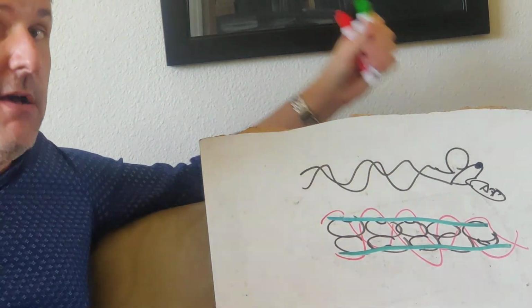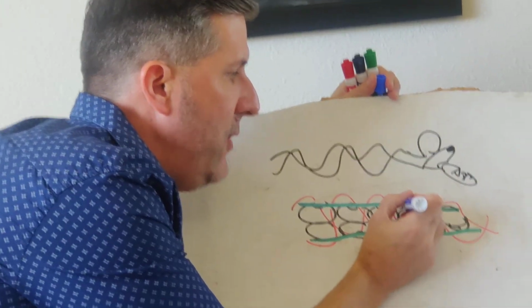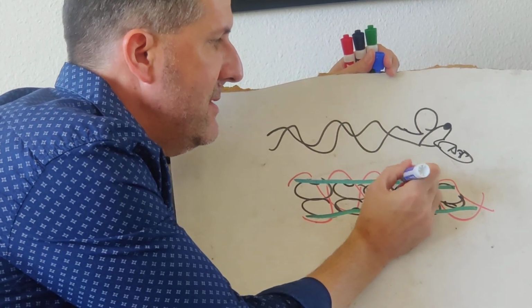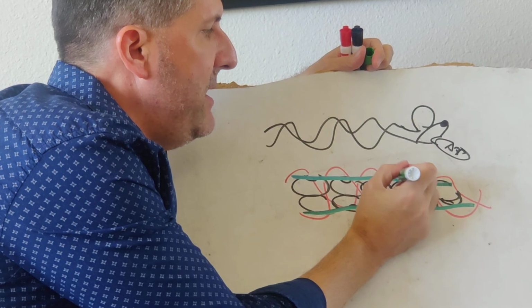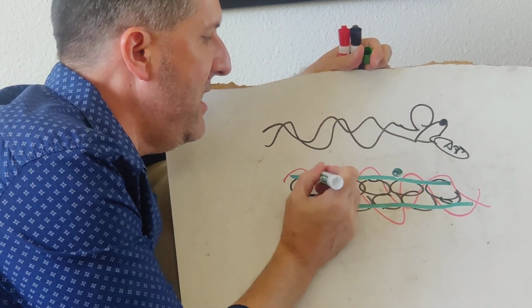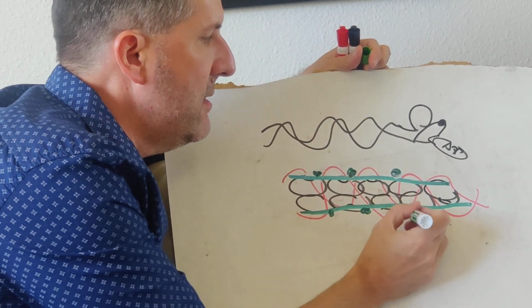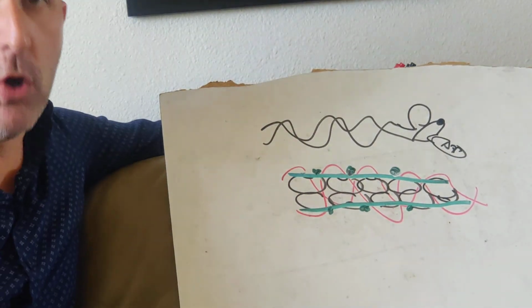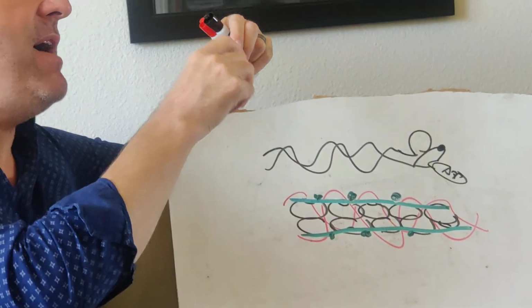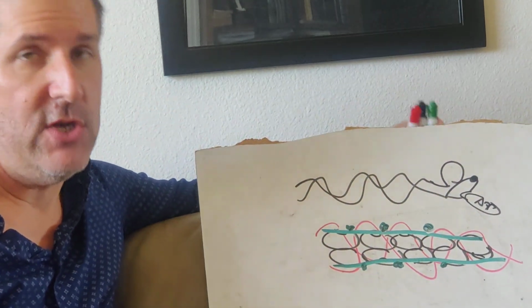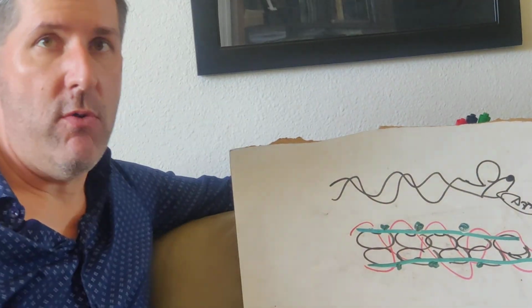Well, sitting on tropomyosin is a small little protein, and my blue marker's dead. So sitting on top of it is another little protein called troponin. Troponin is a little tiny protein, and it has a binding site for calcium, Ca2+. Think where I'm going with this.